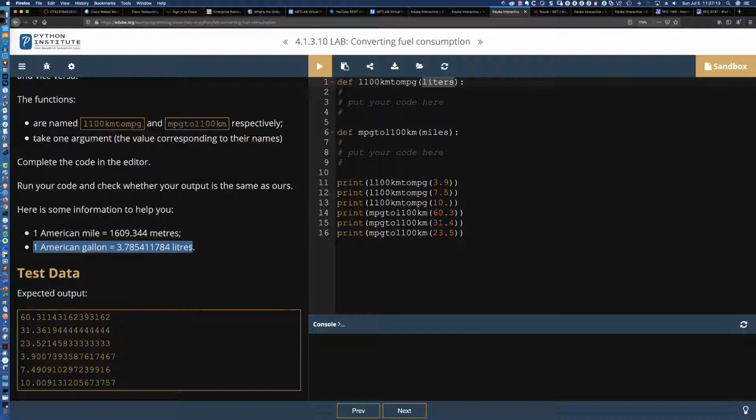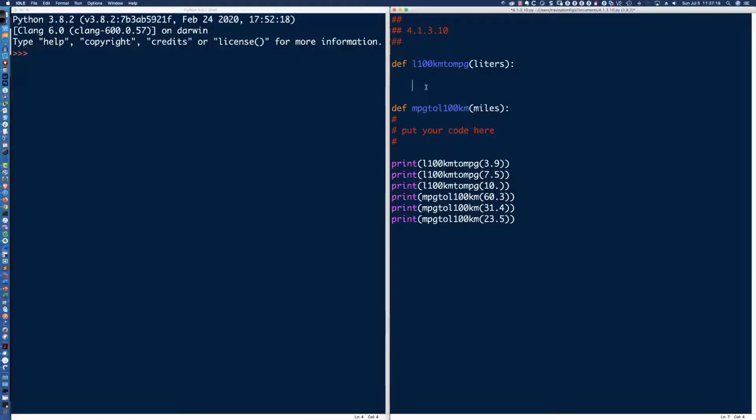And so how could we figure out how many gallons we're getting based on the number of liters? Well, to do that, we would say the number of gallons is going to be the value that we're being passed, right? That positional parameter, liters, that here is a positional argument, a float, 3.9, is going to be passed in. We're going to deal with it in terms of liters.